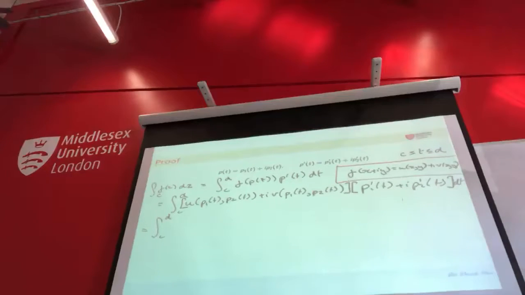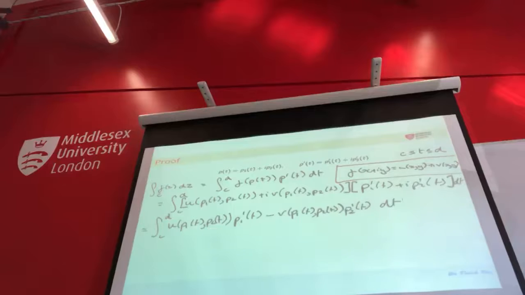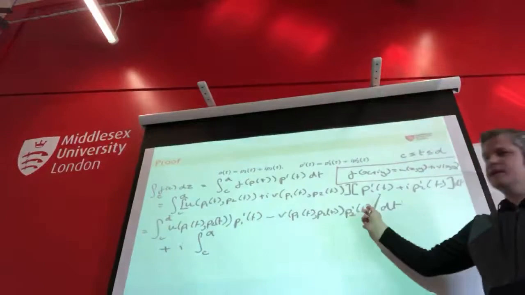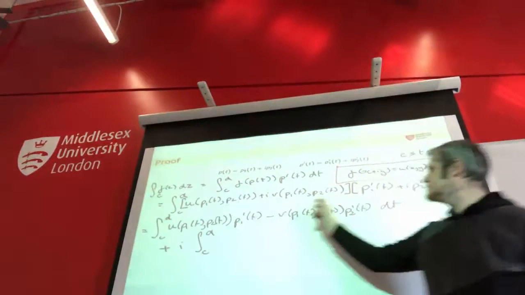So you get u of p1t, p2t times p1 dash of t, minus v of p1t, p2t times p2 dash of t. So that's the real part. And then you've got the imaginary part, which is easier, because you get one by multiplying this by this, and another by multiplying this by this.